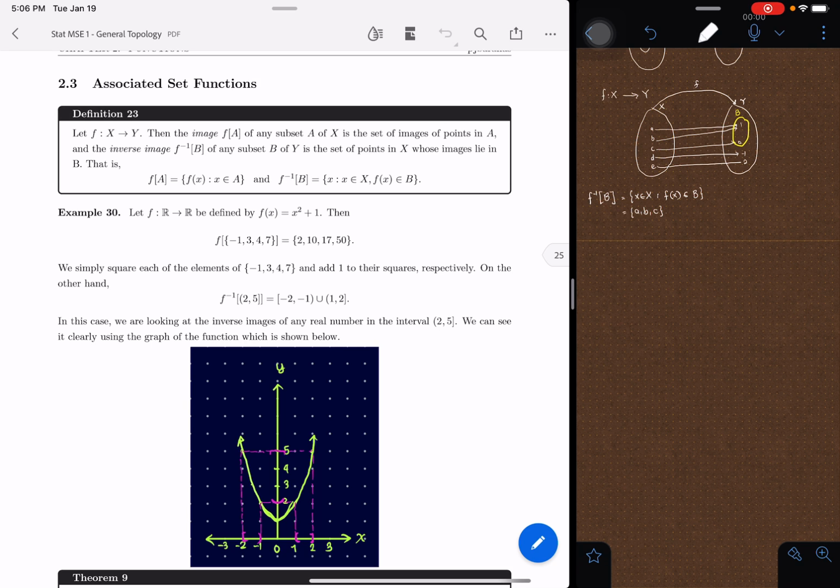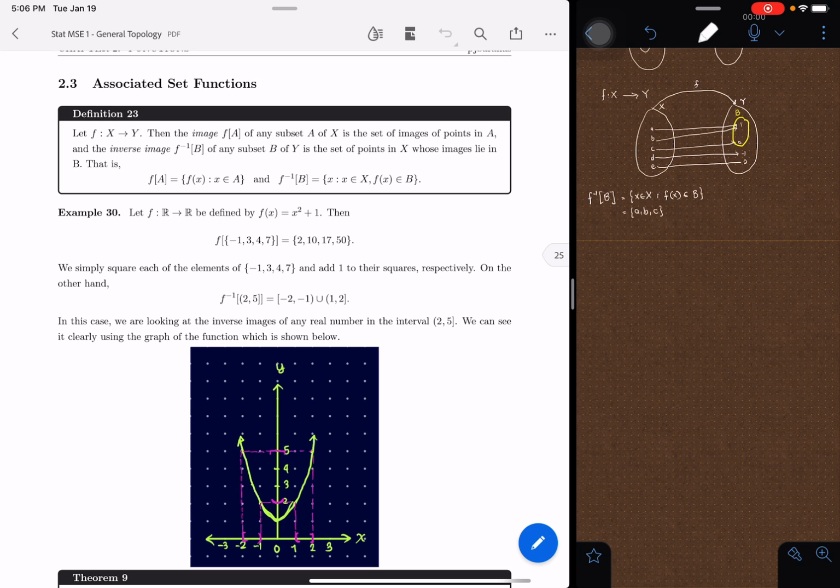Okay, so we have an example here. Example 30, where f is a mapping from the set of real numbers to the set of real numbers and is defined by f of x equals x squared plus 1. This means that our input x is mapped to the square of that number plus 1.